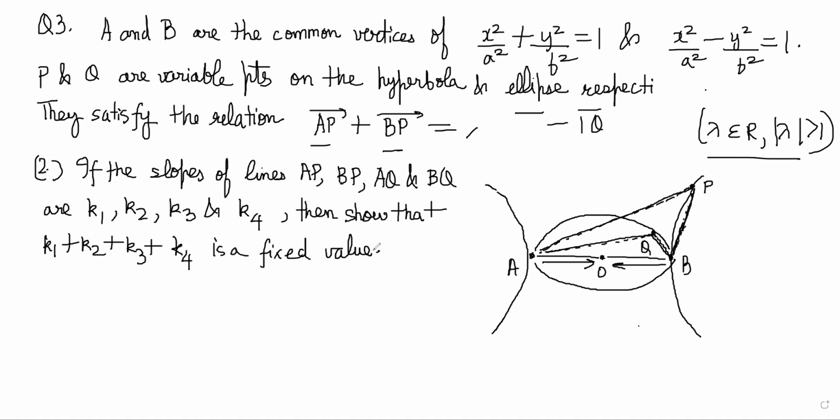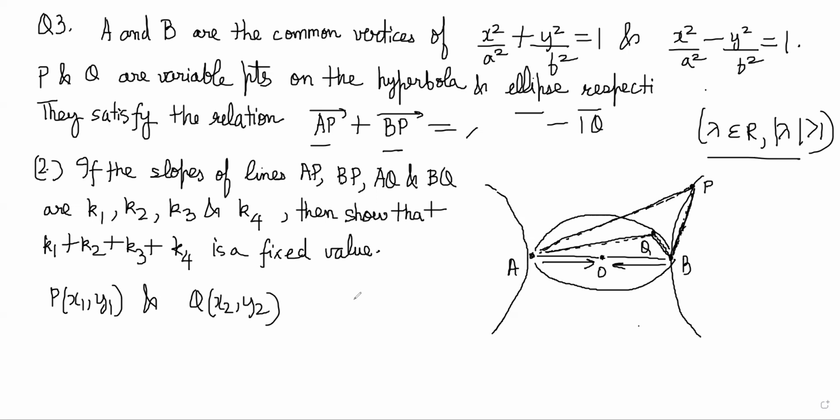So to do this one, let's think about P and Q points. Let's say P is the point x1, y1, and let's say Q is the point x2, y2, right? Then P should satisfy the hyperbola equation.